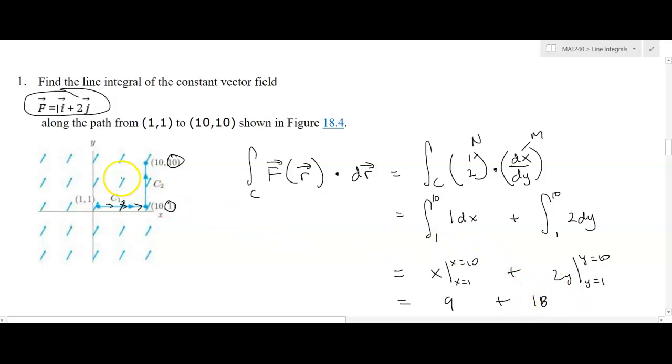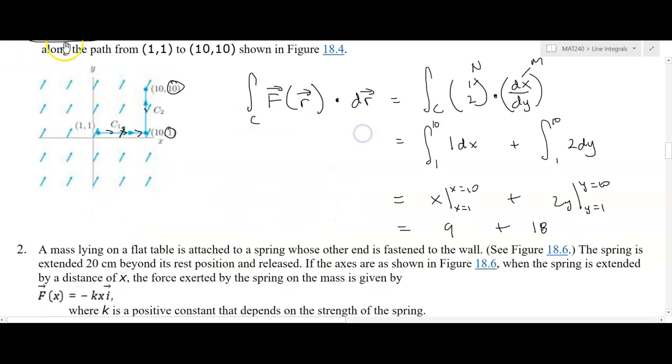So you see that we're going with the flow in both C1 and C2, but we're going more with the flow along C2 because we get a larger dot product. You can see that the angle is a little bit smaller than the angles down here. And so we get a net line integral equal to 27.